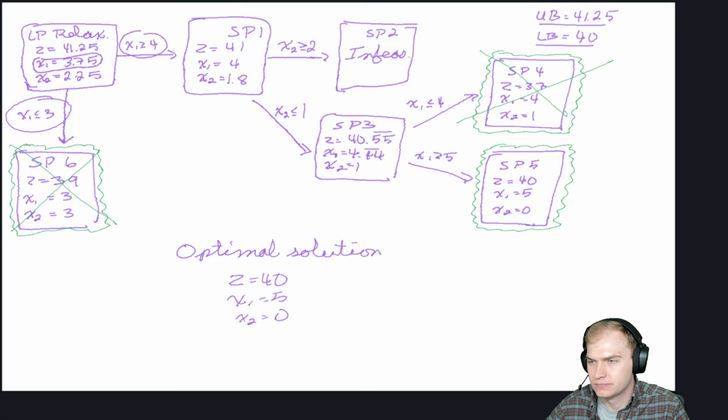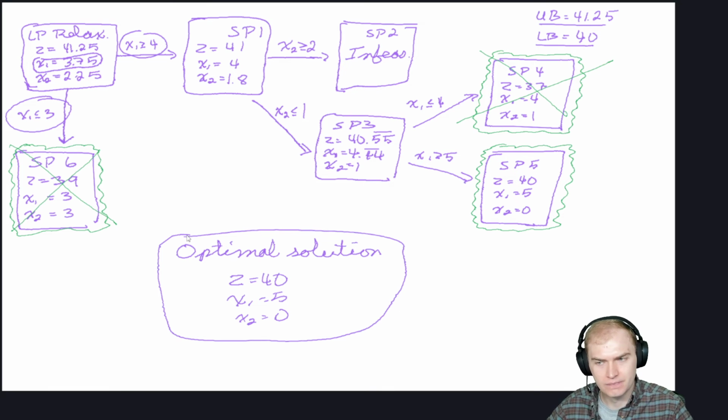The lower bound we had was 40, so subproblem 6 had an integer solution, but its objective function was less than our lower bound, so we don't care about it. Subproblem 4, we had already decided that it was an integer solution, but it was worse than subproblem 5. So subproblem 5 is our optimal solution, not just to the linear relaxation, but to the integer program itself.